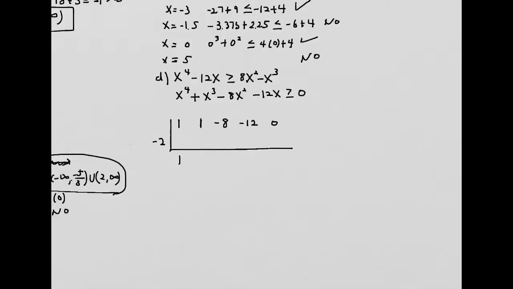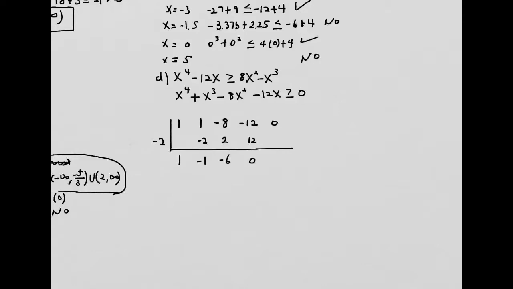Okay, so then this gives you negative 2, which is going to be negative 1, this is going to be positive 2, which is going to be negative 6, and that's positive 12, that's 0, right?